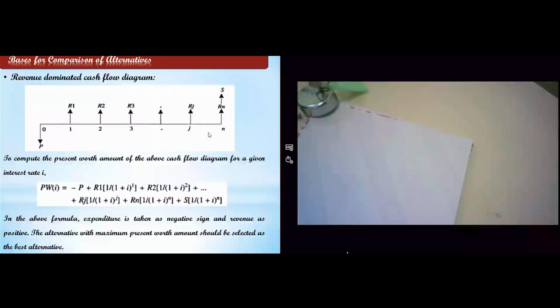So the alternative with maximum present worth should be selected as the best alternative. That is one important thing which you need to remember because it will be helpful for writing the inference.